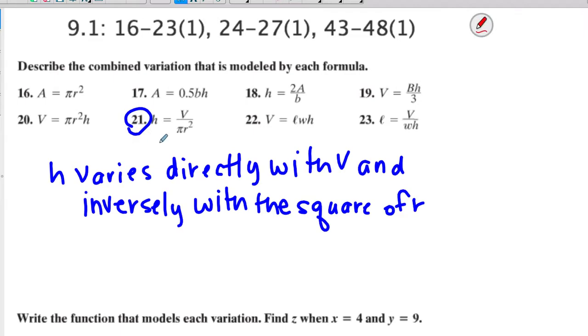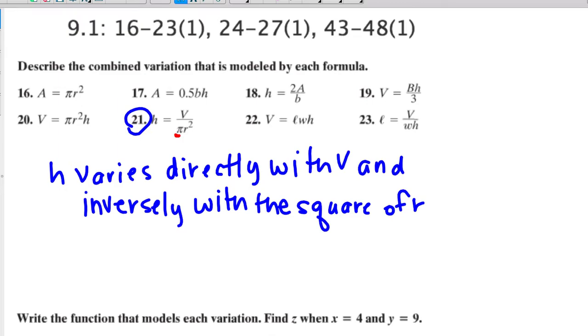And the reason we are ignoring this pi is because pi is a numeric representation. It is your constant of variation. It stands for 3.14. And remember, we don't discuss the constant of variation, the numeric portion term factor of any formula.